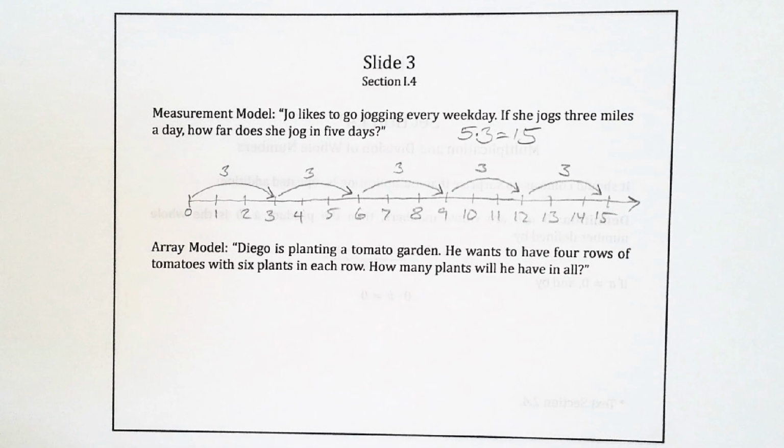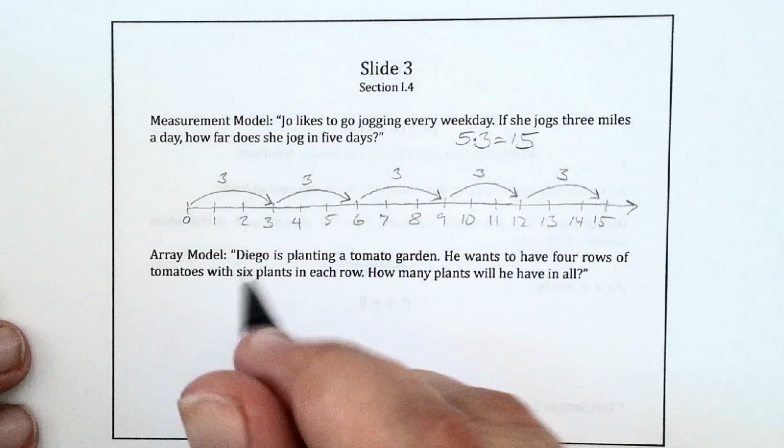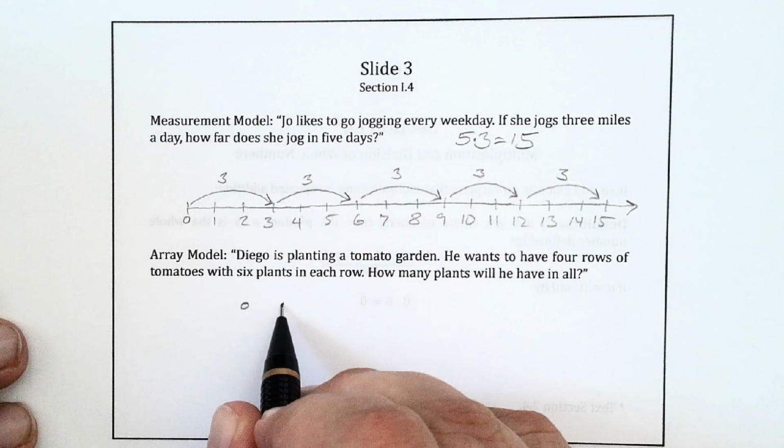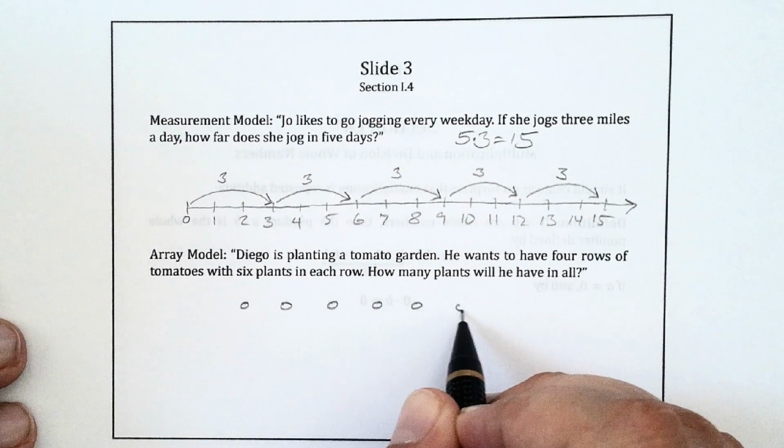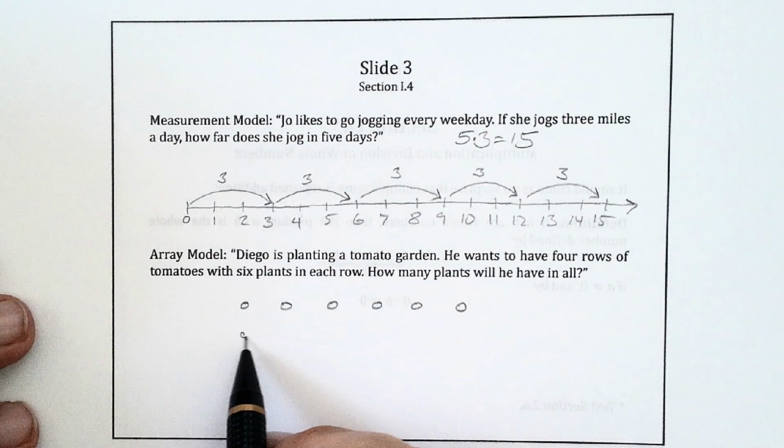In this array model question, Diego is planting a tomato garden. He wants to have 4 rows of tomatoes with 6 plants in each row. How many plants will he have in all? So 4 rows of 6 each. I'll just draw a little tomato for each row. So there's the first row.